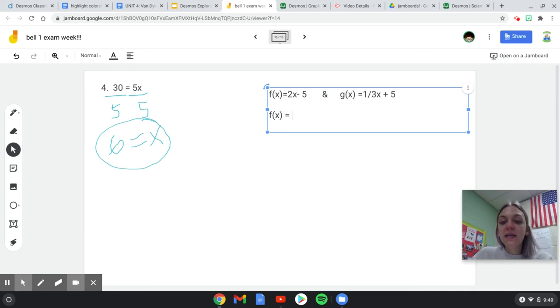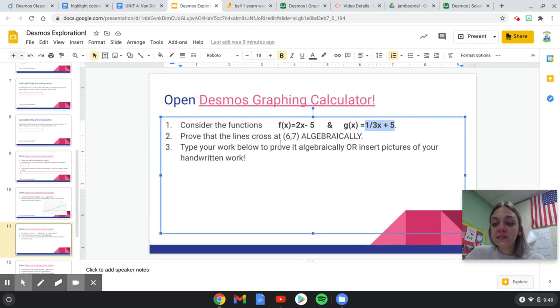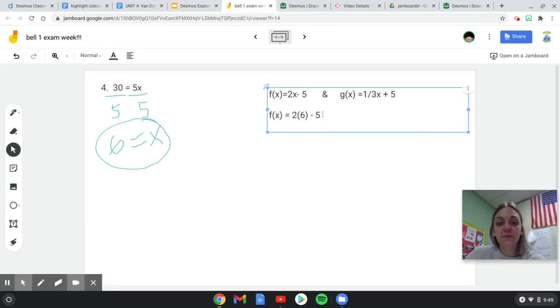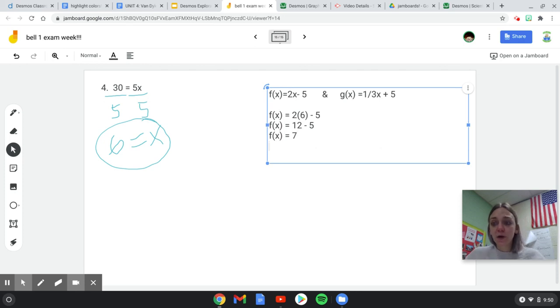And when I put in 6 for x, because that's what I need to do to make sure that my numbers work out, I should get 7 because, again, the problem's asking me to prove that these lines do cross at 6, 7. So 7 is my y value. I need to get 7 when I do this math. So that's going to leave me with f of x equals 12 minus 5, or that f of x is equal to 7, which is perfect.